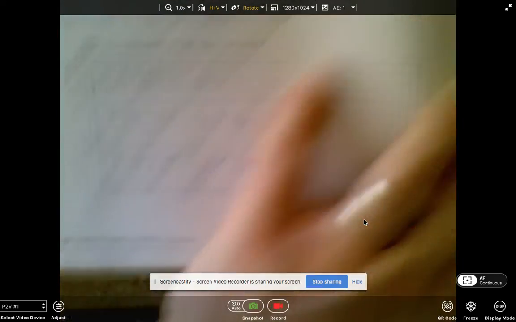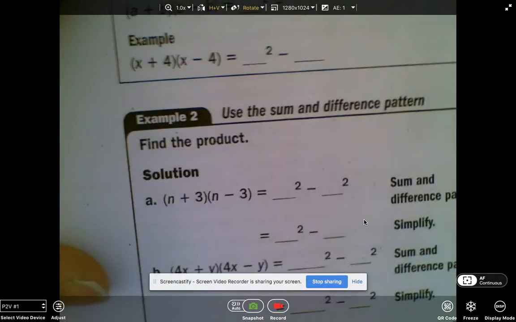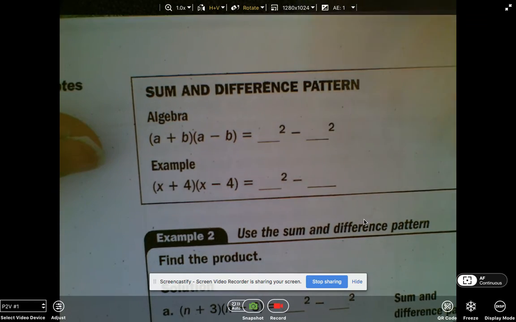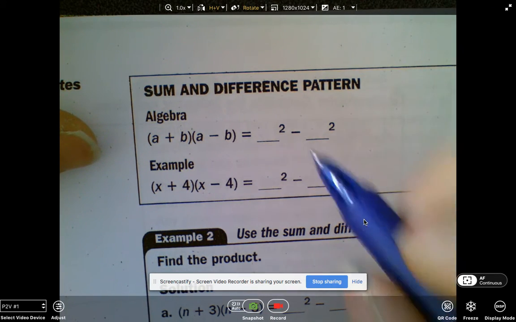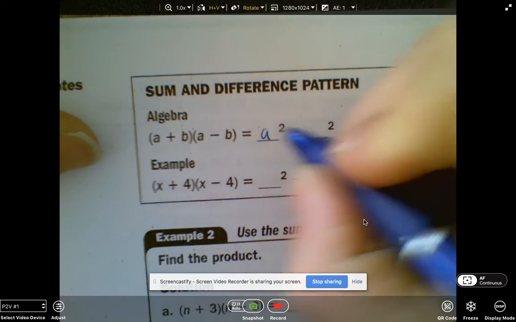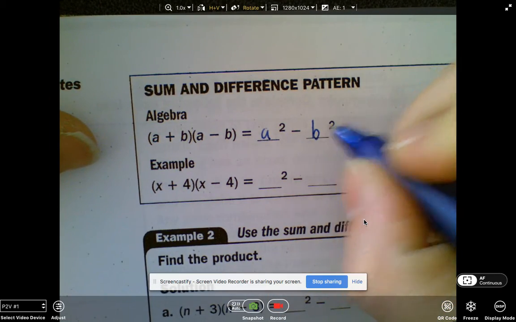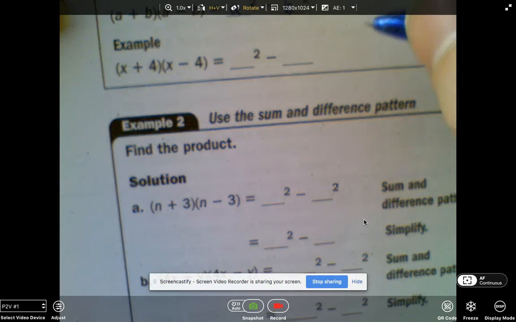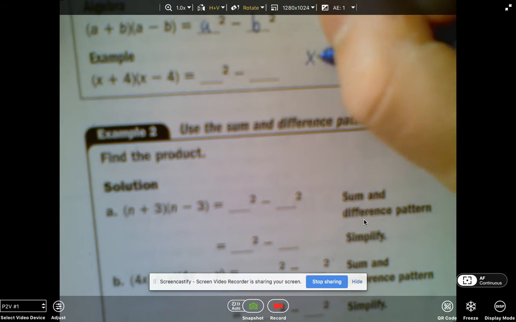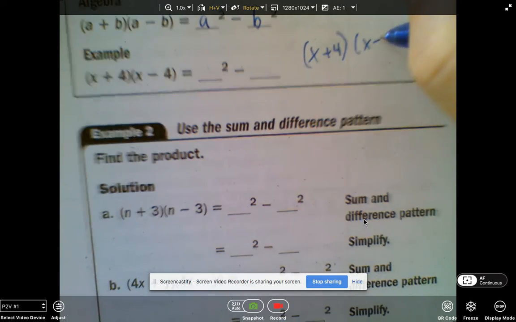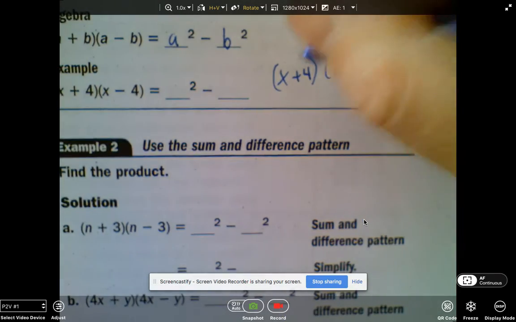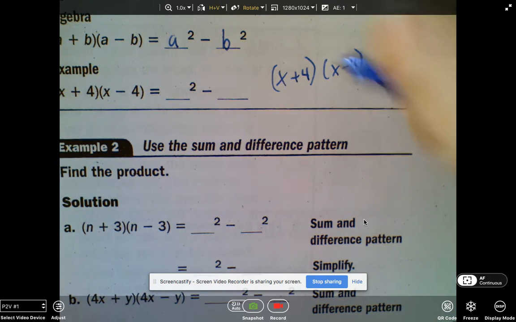Let's look at the other special case we learned in this section, and that's called the sum and difference pattern. These are the easiest because with the FOIL, the inner and outer terms cancel themselves out. So all you really need to do is the first term squared minus the second term squared. Again, if we FOILed this example, it's x plus 4 and x minus 4. The terms are the same; this is the addition binomial and this is the subtraction binomial.